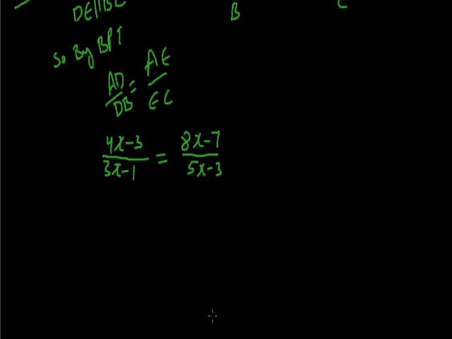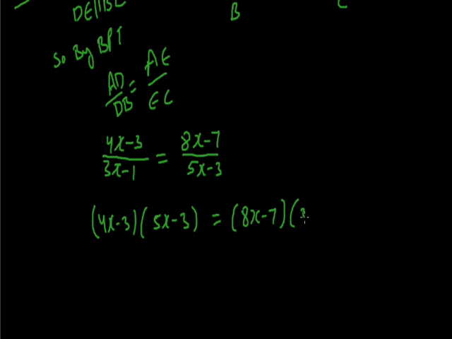Now we just cross multiply it, that is 4x minus 3 is multiplied with 5x minus 3, and 8x minus 7 is multiplied with 3x minus 1.